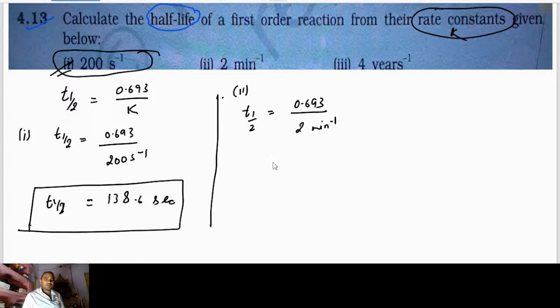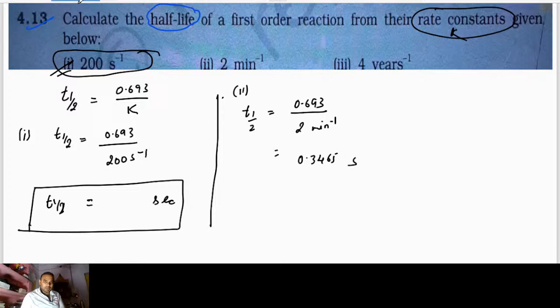If you divide 0.693 by 2, it is coming 0.3465 second. Here is a mistake, student. This is not the correct one. I am extremely sorry. Instead of dividing, I just put the multiplication sign.